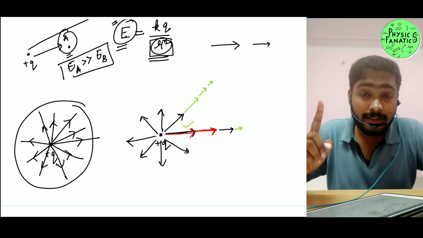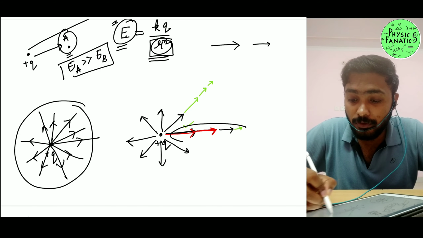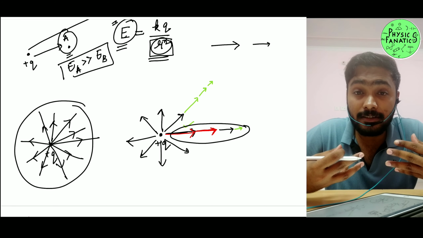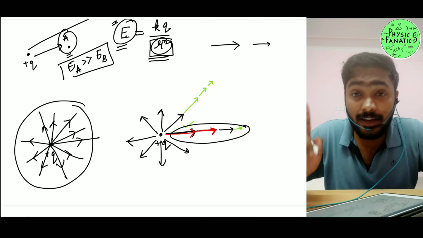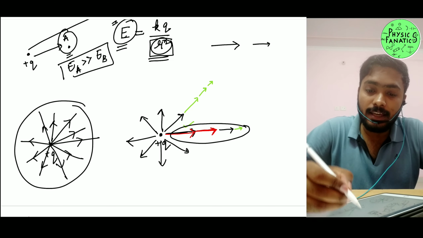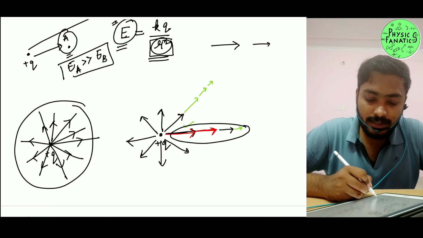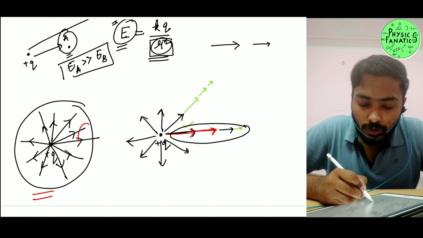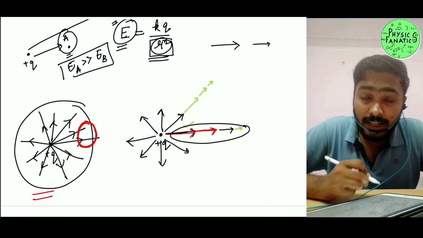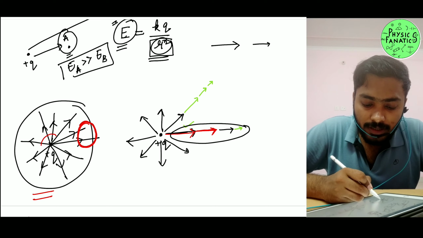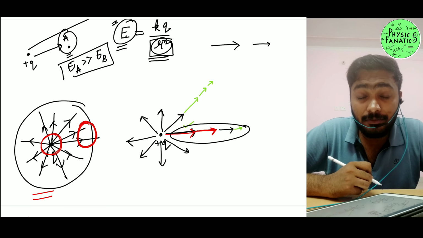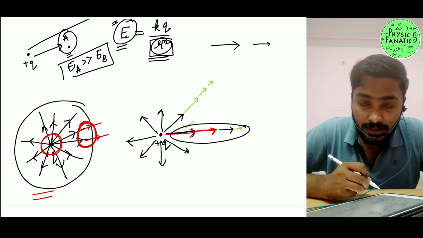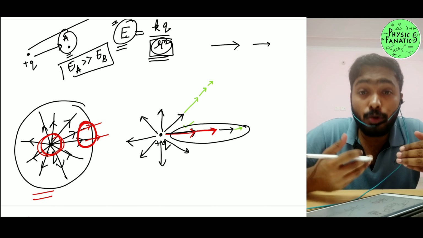So does that mean that we have lost our information about the magnitude or the strength of our electric field? The answer is no, we haven't lost that information. In this picture, if I talk about the intensity of electric field here and here, you can see that only two field lines are crossing here, but in this area there are more than two field lines.